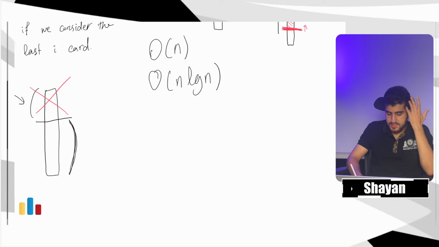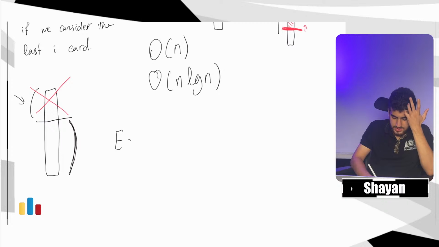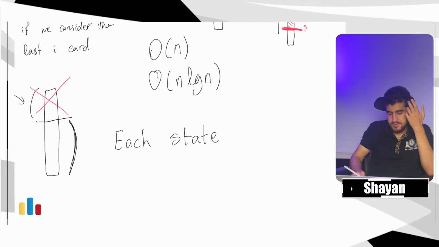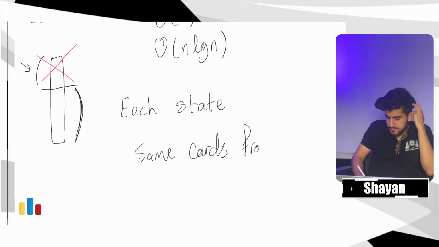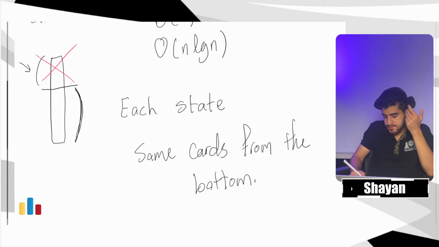So in each state of your problem, if you see which cards are left, there are some cards from the bottom that are left. So each state of your problem is: okay, these cards are left. What is the maximum answer that we can get from these cards?